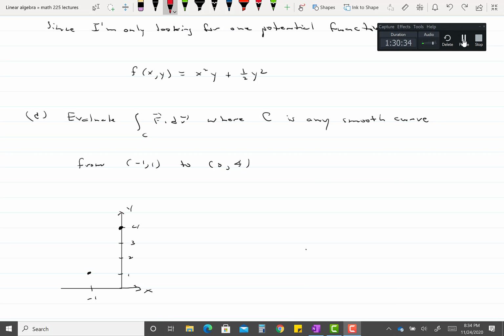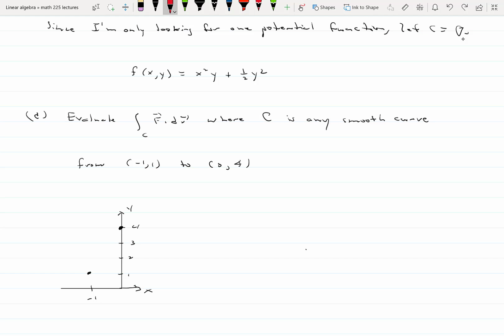I want to find the amount of work required to go from -1, 1 to 0, 4, where I haven't specified the curve. I can think of a lot of very bizarre curves that will go from -1, 1 to 0, 4. I kind of put a corner point in that one, so it's not really smooth. So technically I should do that here. There. It's impossible for me to parameterize all of them.